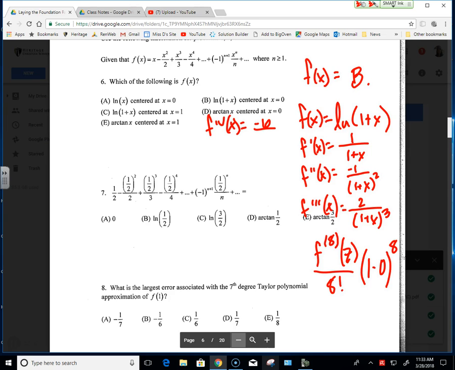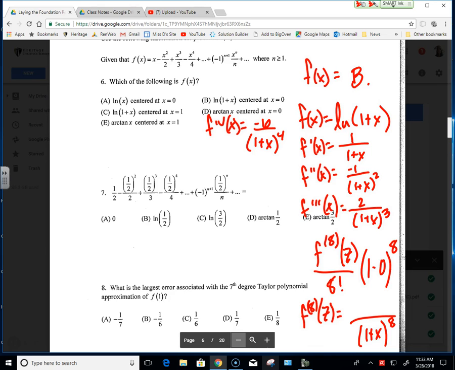So first of all, the signs alternate. Second, for the 8th derivative, you can jump there and say the 8th derivative is going to be over 1 plus x to the 8th, because the degree always matches the derivative order.